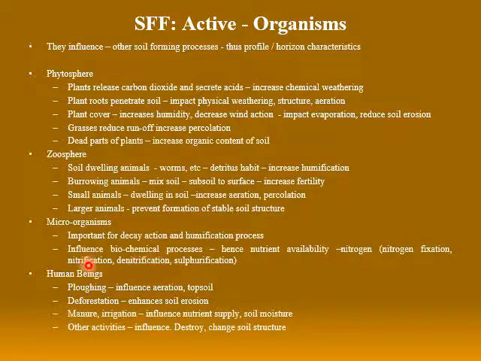And lastly, human beings positively impact soil formation through plowing, as they improve aeration in the topsoil, but through their various activities like deforestation, they also enhance soil erosion. They may also improve the soil quality through manure and irrigation, if irrigation is done in a positive manner without being detrimental to the environment, and if excessive irrigation is not undertaken.